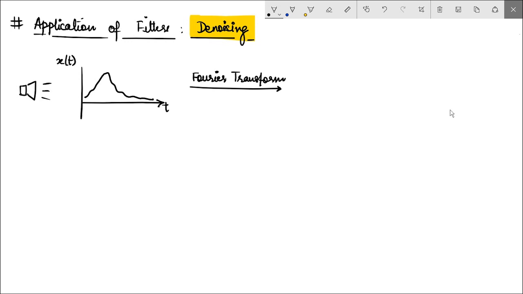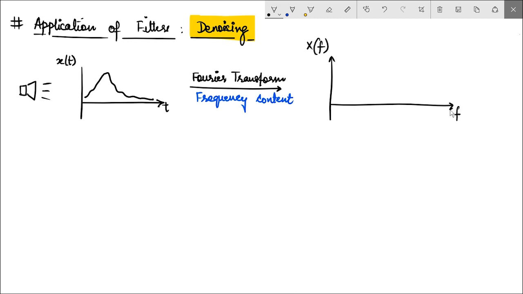But for now, let's understand that Fourier transform helps us find the frequency content of a given signal. If this was a voice signal, that means Fourier transform will give us how much amount of a particular frequency is present.